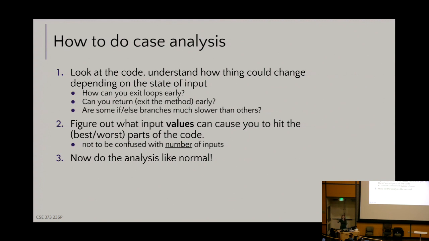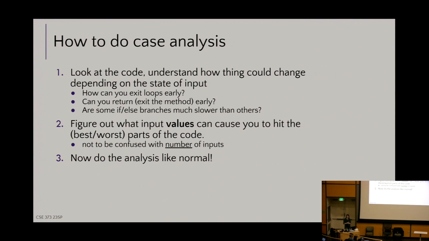So anytime you have an if statement that has a return inside of it, or an if statement around a break inside of a loop, those are moments where you could interrupt the possible number of iterations, or base cases that could interrupt the flow of recursion. Those are things to think about in terms of how I could interrupt the possible numbers of iterations or recursive calls that may happen.